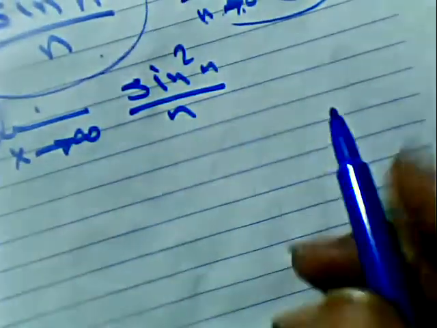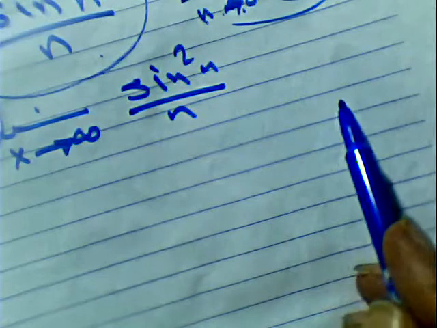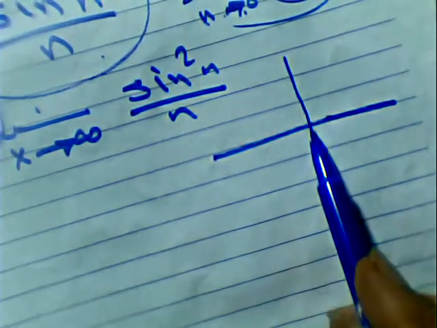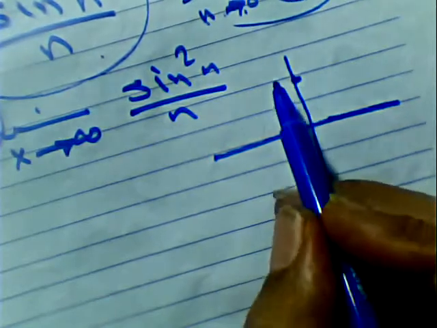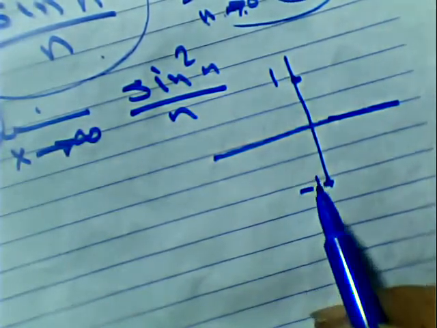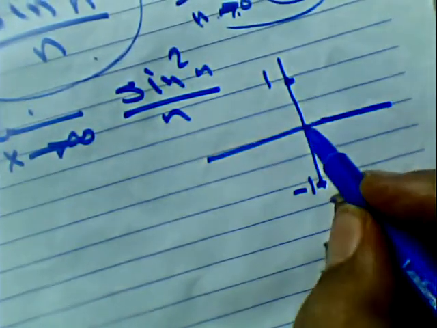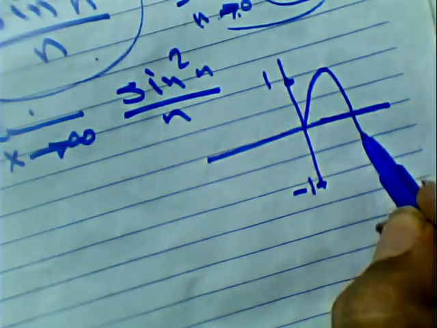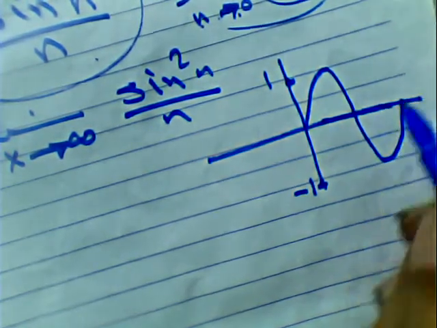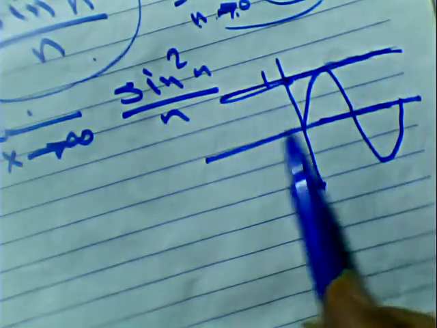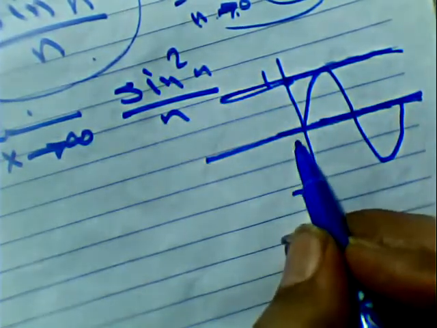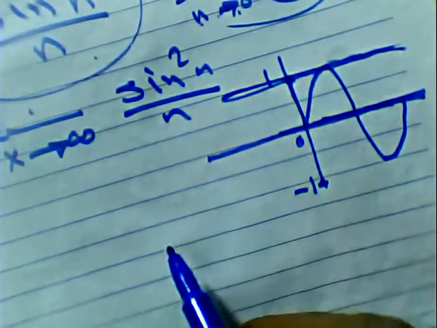That means, if we know the domain is from minus 1 to 1, we can draw the sine like this. Then the range is positive, from 0 to 1.